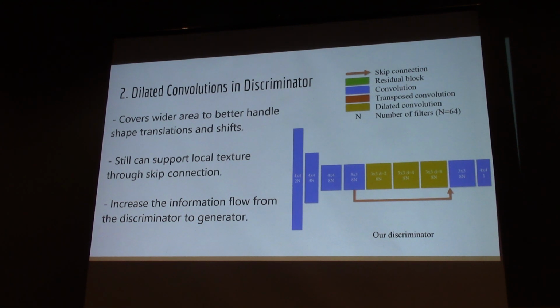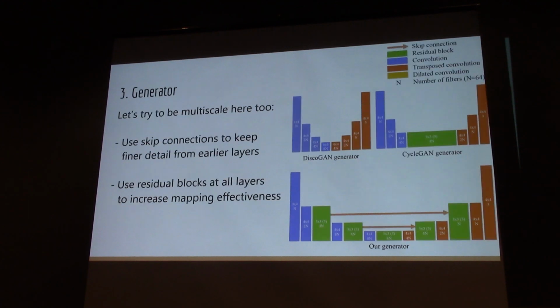The other thing that helps to improve is that our generator is slightly different. We add more res blocks, which help to increase the effectiveness of this mapping, and then we add skip connections again within the generator. This helps to push some of the local texture through the generator, even though we're going quite far down.